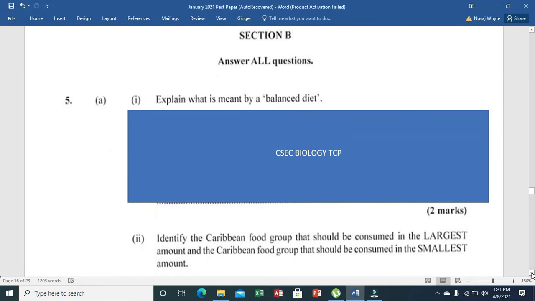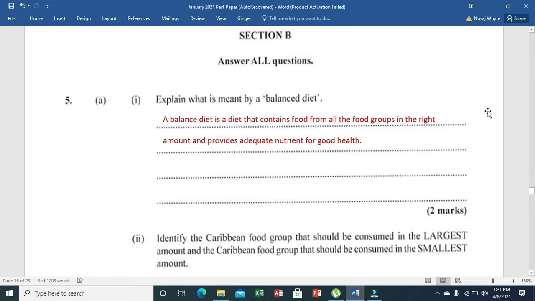Question number 5. Explain what is meant by a balanced diet. Now this is going to be a fancy one for most persons. It is a topic that most persons would have on the tip of their tongue. A balanced diet is a diet that contains food from all the food groups in the right amount and provides, of course, adequate nutrients for good health.